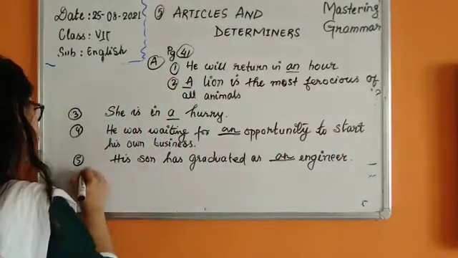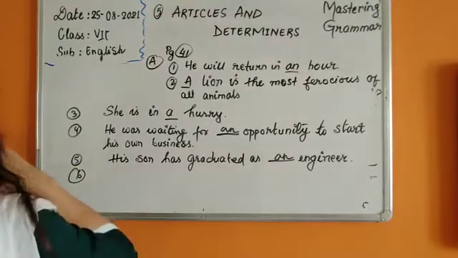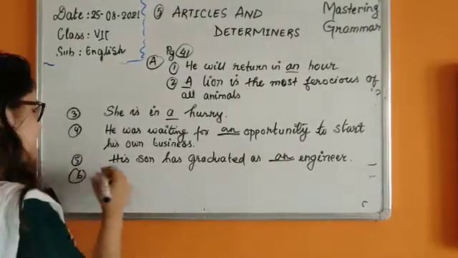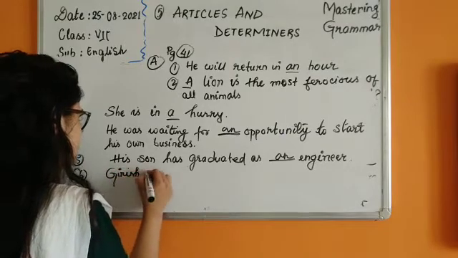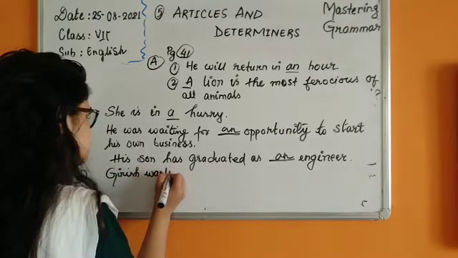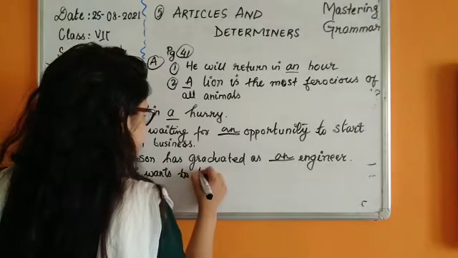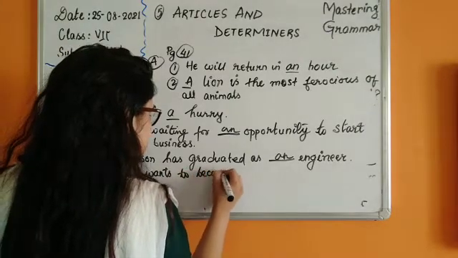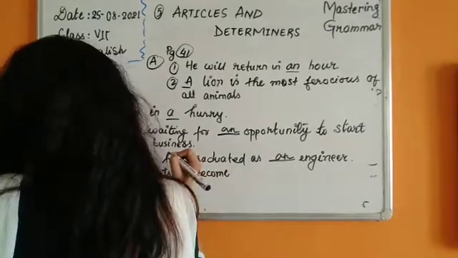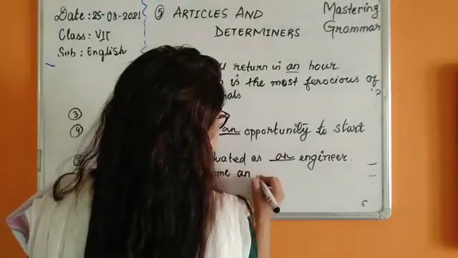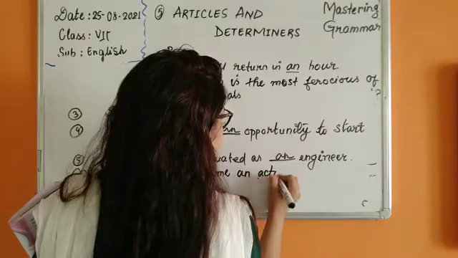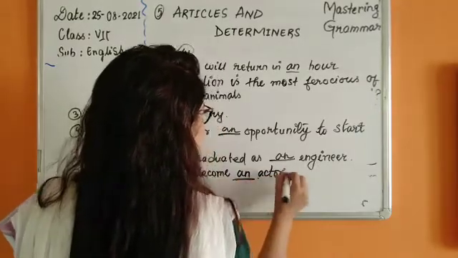Number 6 now. Girish wants to become dash actor. Because actor, the A is there, so an actor.